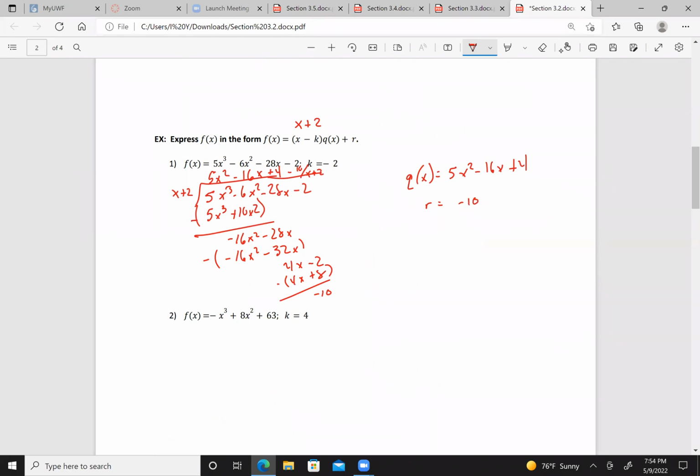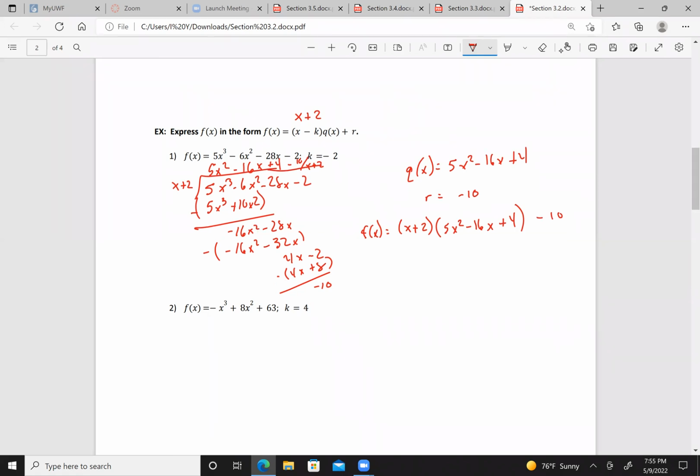So when we put this together, we have f of x equals x minus k, which is x plus 2, times q, 5x squared minus 16x plus 4, minus 10.